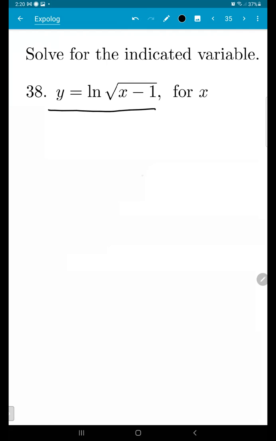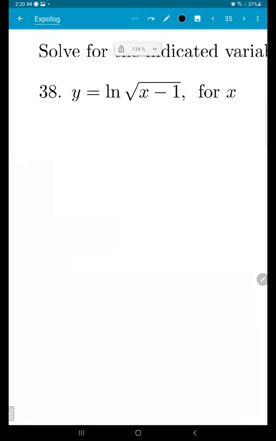Now you're to give x explicitly also in terms of y. So let me answer this one. You are to solve for x. So x appears only once on the right-hand side of the equation. So the thing would be to isolate x and then put everything on the other side of it.